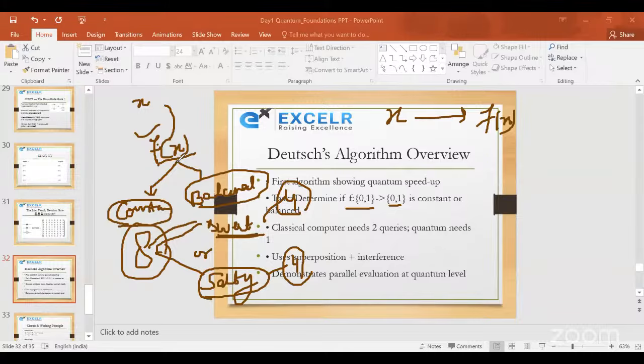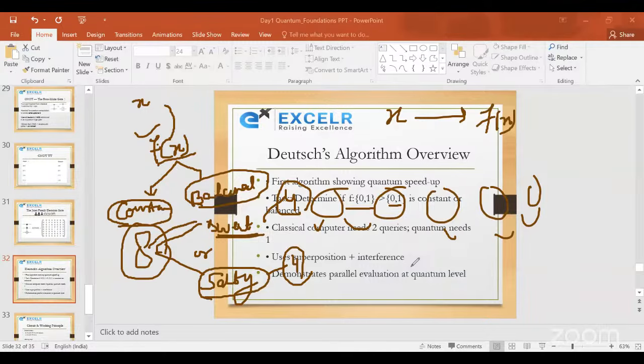Now, what is the problem in proving the supremacy of the quantum over the classical? The main thing is that in the classical way, we have to pick up a spoon for every one of the 8 bowls, from here, here, here, and here, and we have to test and then tell.